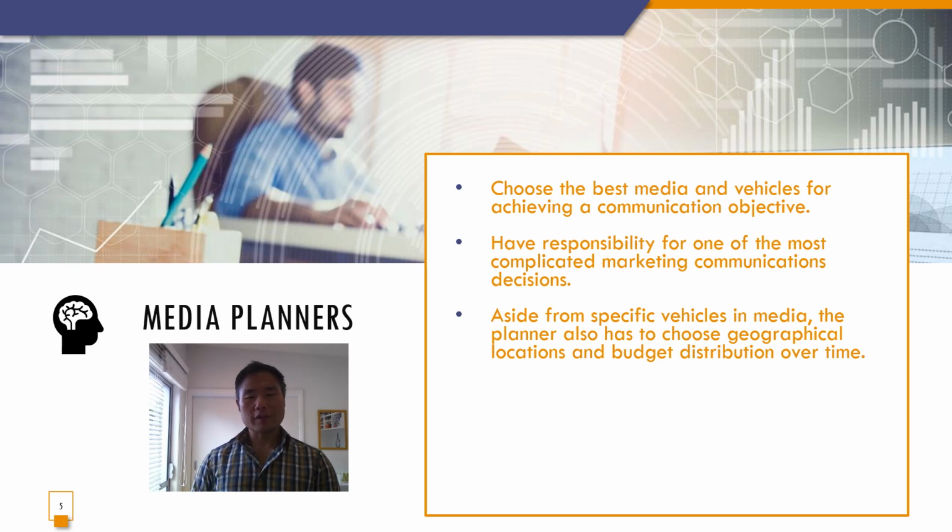Aside from specific vehicles in the media, so these are the specific magazine publications or the specific radio shows or maybe the specific TV programs you want to use to position your ads in, you also have to think about the geography or the place in which those ads will appear so that you can reach the right people, but also reach them at the right locations.